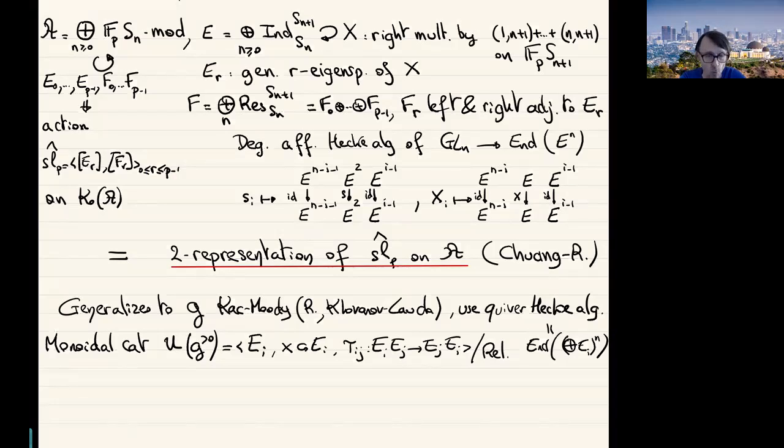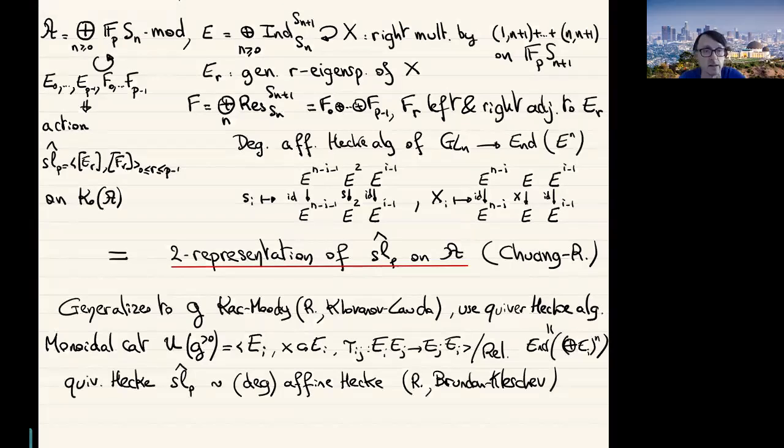Right, so there's one thing, you have to check that indeed the two definitions are the same. So you need to check that, say, for SL_p hat, the quiver Hecke algebras are the same as the degenerate affine Hecke algebra, or you'd use the affine Hecke algebra in the theory of Chuang in characteristic 0.